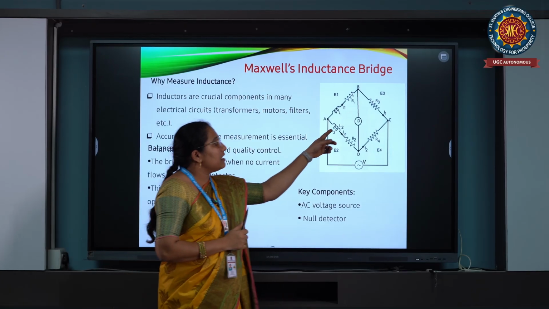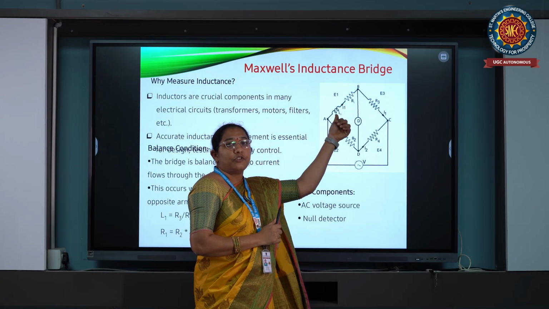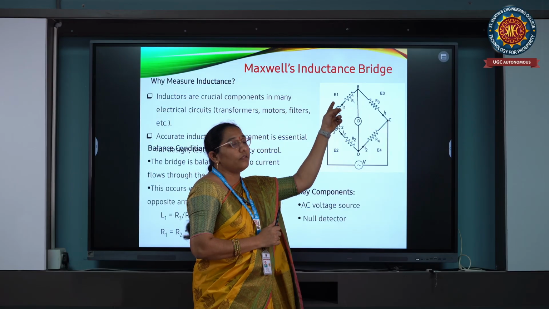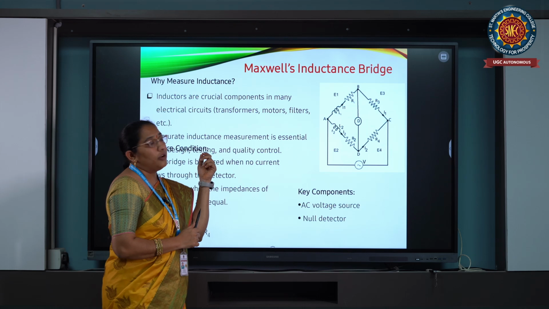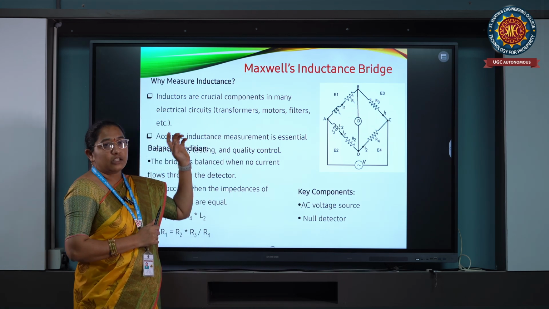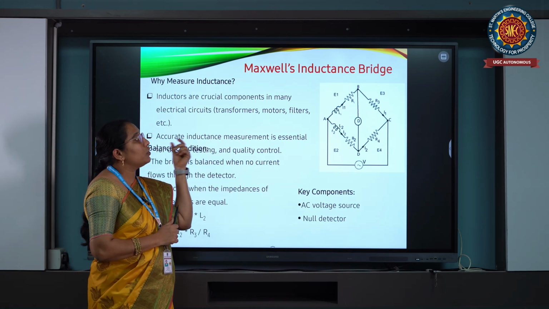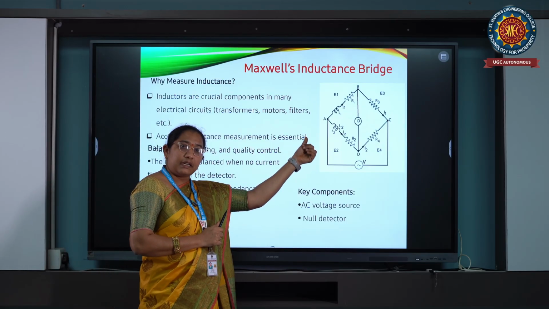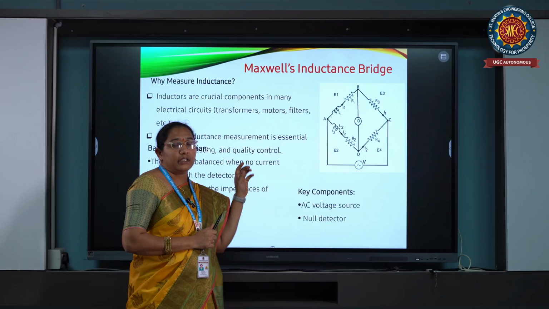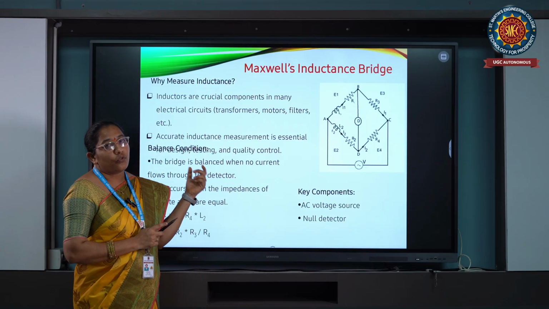By using these known values, we have to measure unknown values of the R1 and L1 in this bridge. That is why we are using this bridge. In this bridge, we are going to calculate unknown resistance and inductance by using the known quantities.